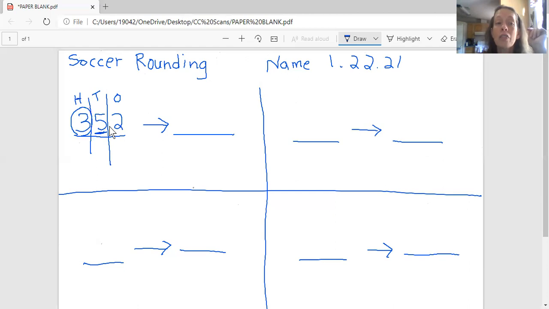So yes, that changes the 3 to a 4. And remember, everything after it becomes a 0. And there you have it. So 352 changes to 400. If you're rounding by hundreds, 352 is closer to 400 than 300.